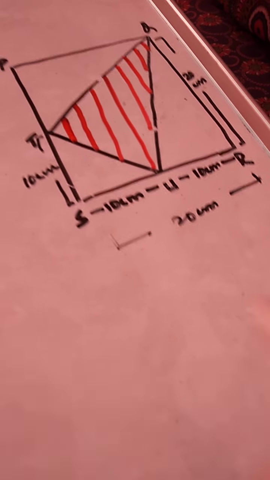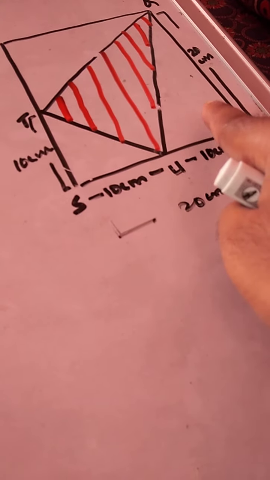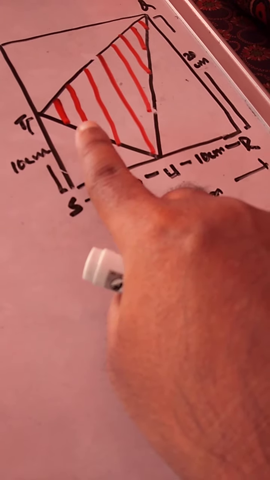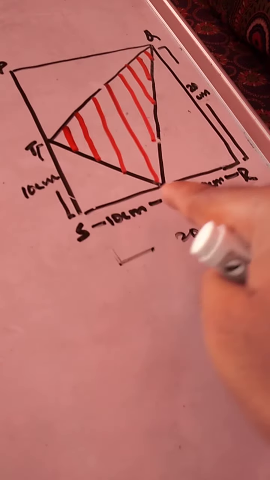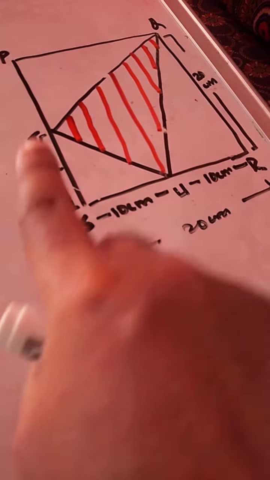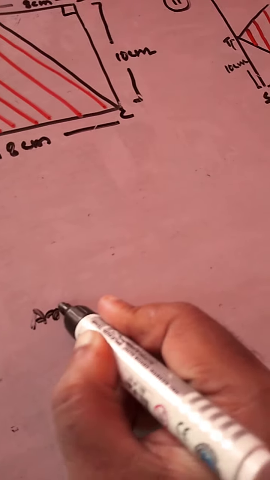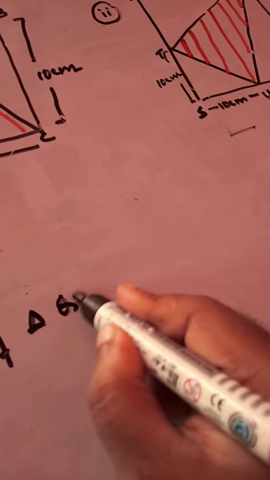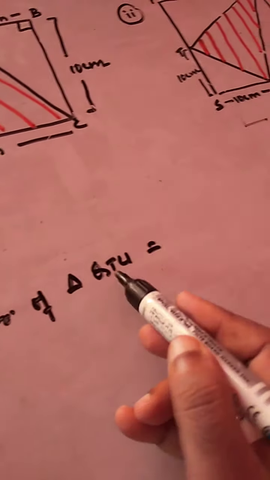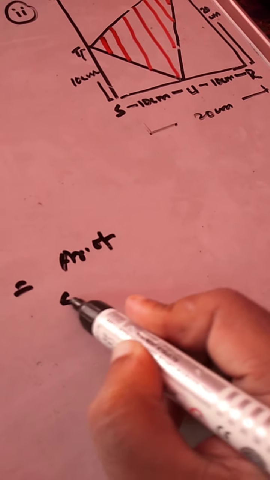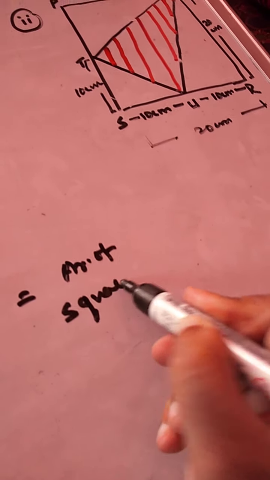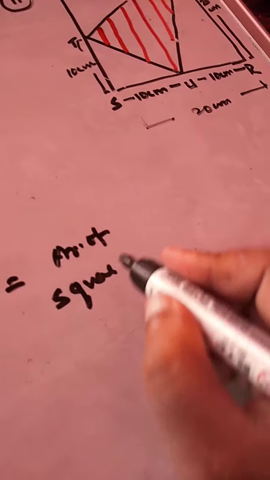Fine. So from the whole figure you have to subtract the area of this triangle, the area of this triangle, and also the area of this triangle, so that you can get the area of the shaded portion, that is QTU. Okay, so let's write. Area of triangle QTU, the shaded portion, is equal to the area of square PQRS.